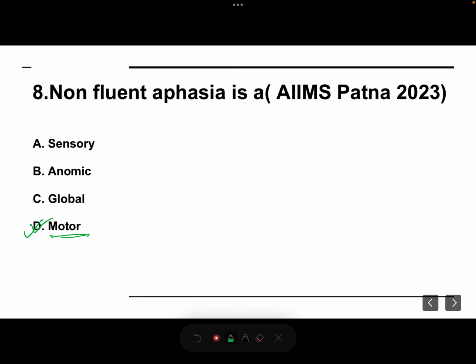Non-fluent aphasia occurs due to the affected area being Broca's area.